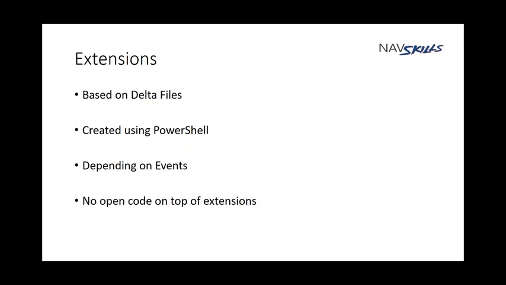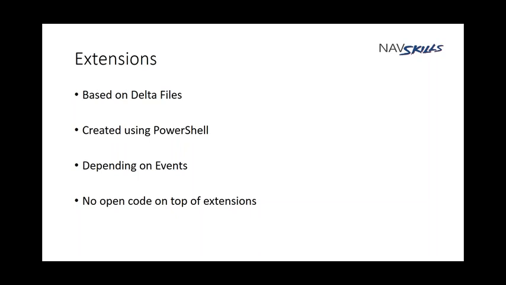And that's why there is a procedure where we can request an event at Microsoft, and then hopefully, if everything is approved and everyone agrees, there will be an event in a cumulative update. And then as an ISV vendor, you can say that here is your extension package, and the extension package depends on NAV 2016 cumulative update 4. Because in cumulative update 4, I know that the events are there that I need for my application.